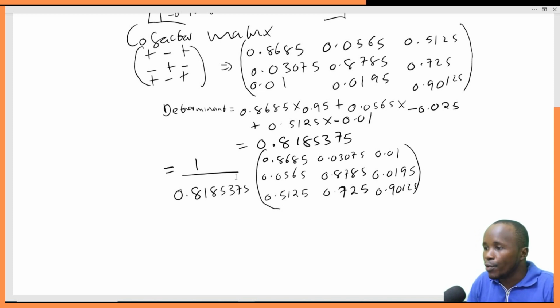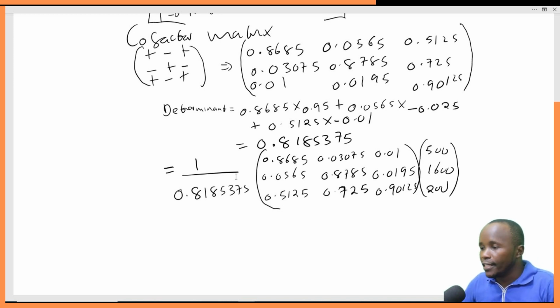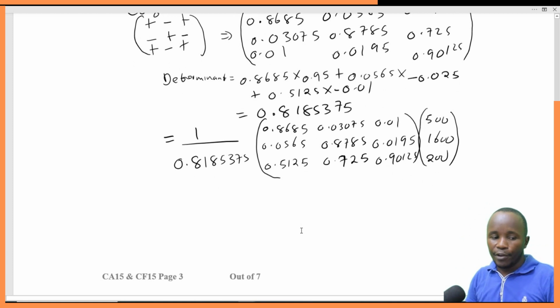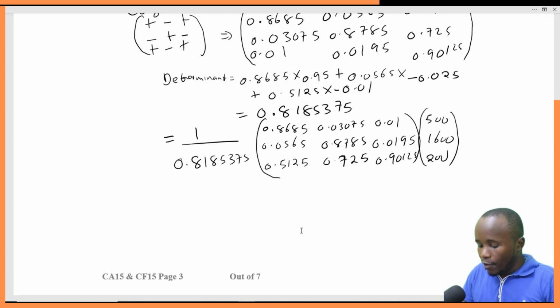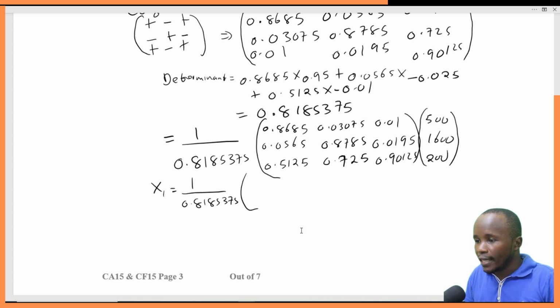So we multiply this one with our demand. The demand you have been told from the question is 500, 1,600, then 2,000. At this point, for instance, I want to get X1. The value for X1 should be 1 over the determinant, 0.8185375 into bracket, the first row times the column.